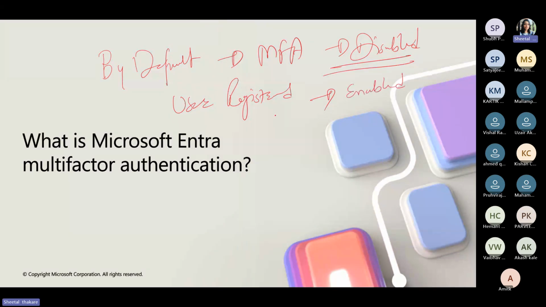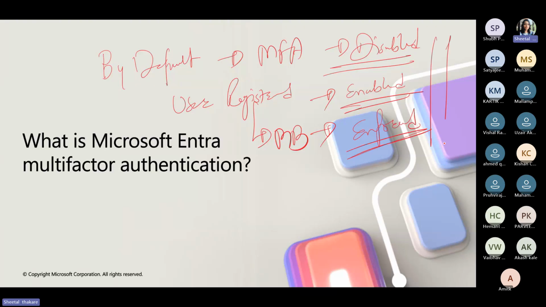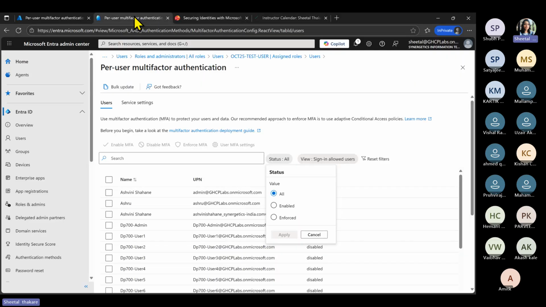Then the user registers, suppose a mobile number, and then this becomes enforced. So these are the states. From enforced, you can disable it as well. So you find in this portal, by default, it is disabled.